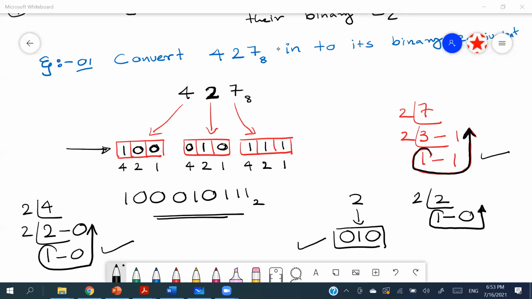You only need to remember this little table, or little boxes, which has place values of 1, 2, and 4. All you have to do is use those 3 values to create this particular value. You create these values separately from those little boxes. Simple as that.